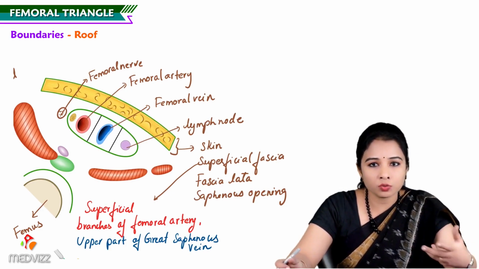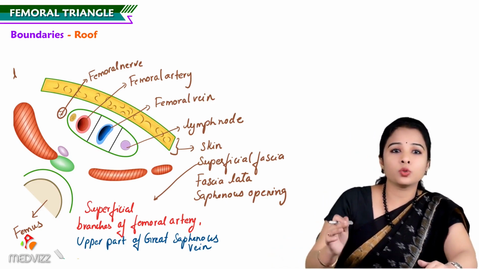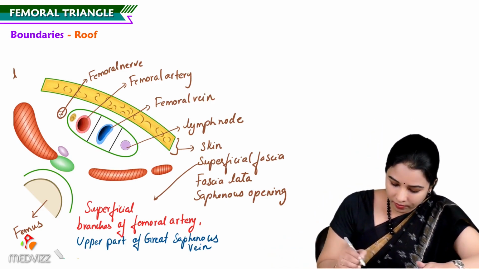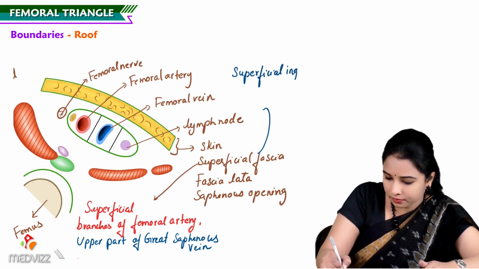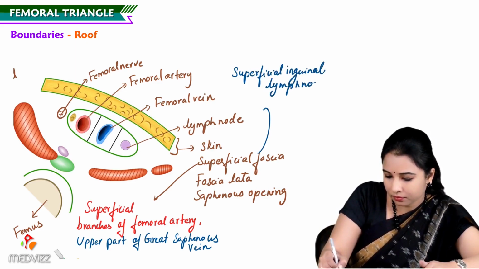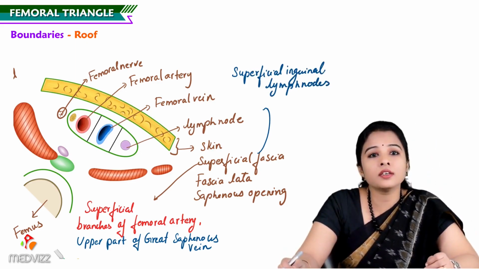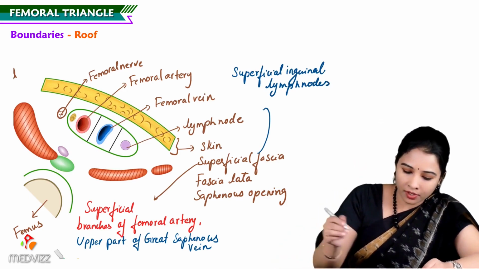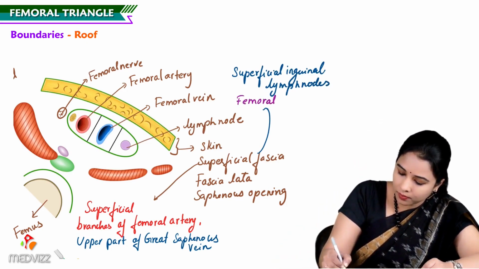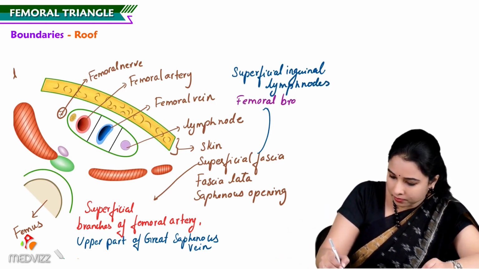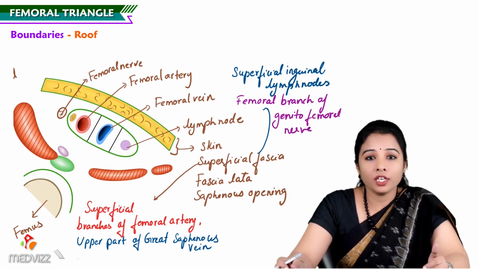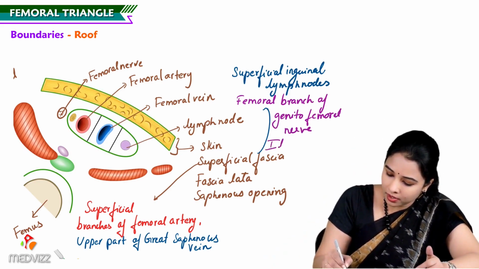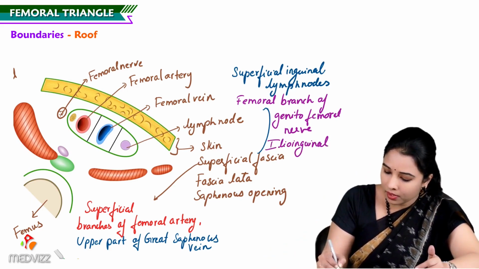So what we see in the superficial structures forming the roof are superficial inguinal lymph nodes. And it also contains the femoral branch of genitofemoral nerve and the branches of ilioinguinal nerve.